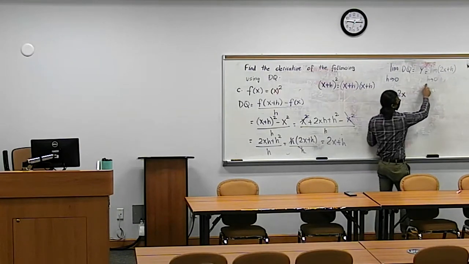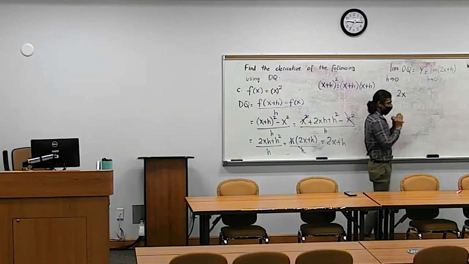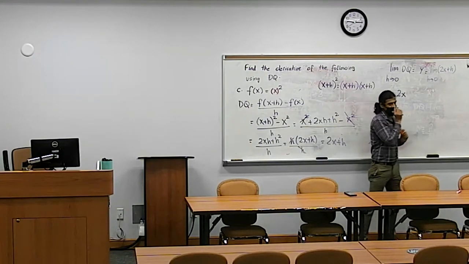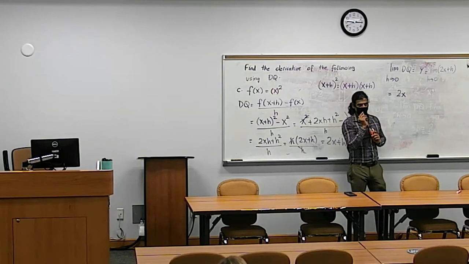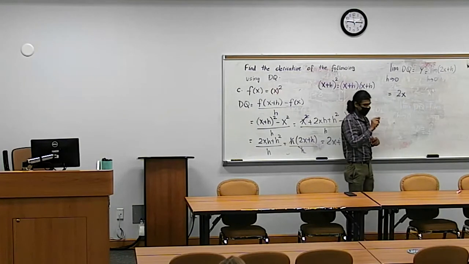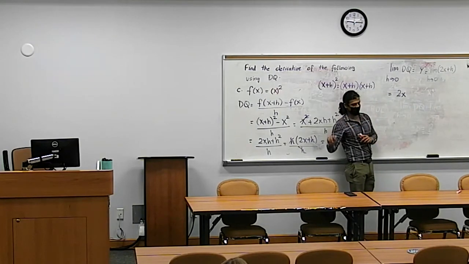What would happen to the second term if h becomes 0, or closer and closer to 0? What would happen to this h as h gets closer and closer to 0?